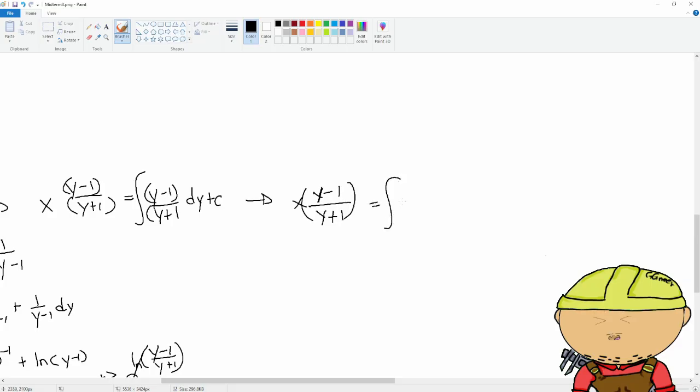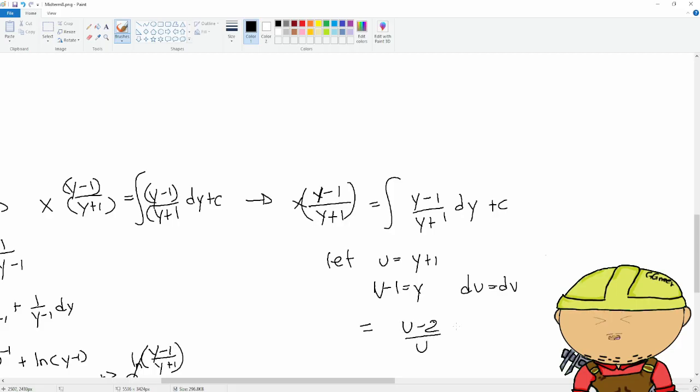Let u is equal to y plus 1. Then u minus 1 is equal to y, right? du is equal to dy. So that's gonna become the integral of (u minus 2) over u du plus c.